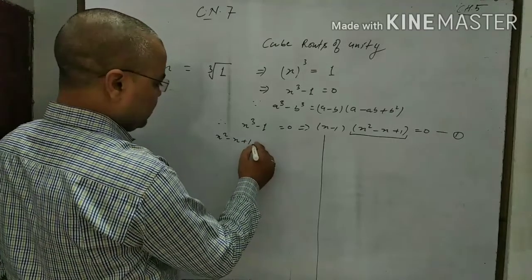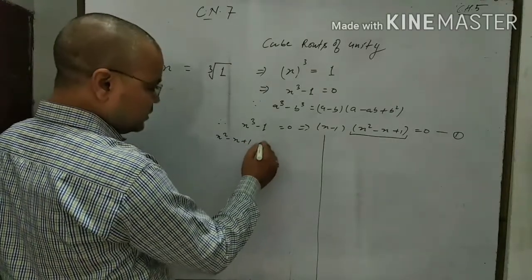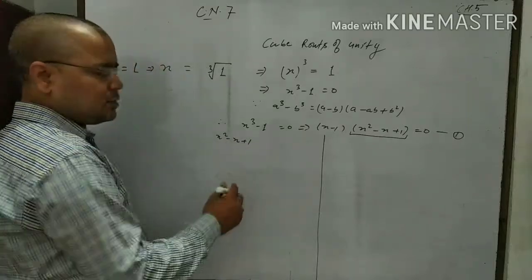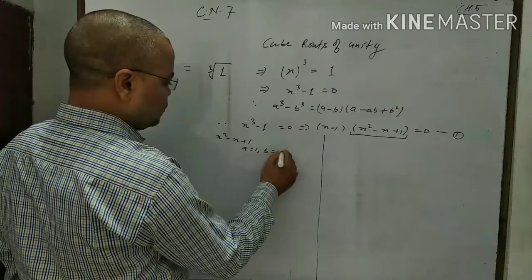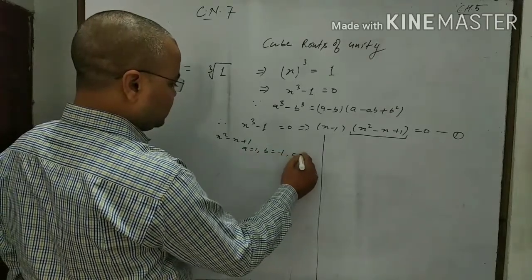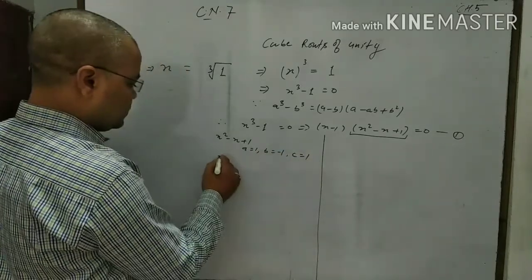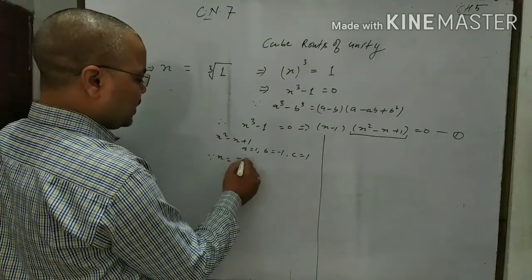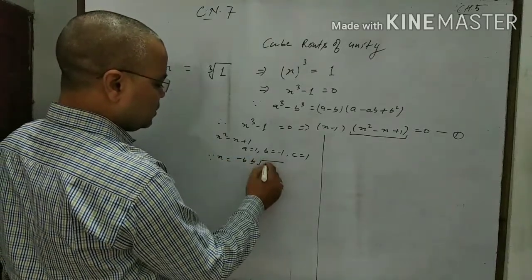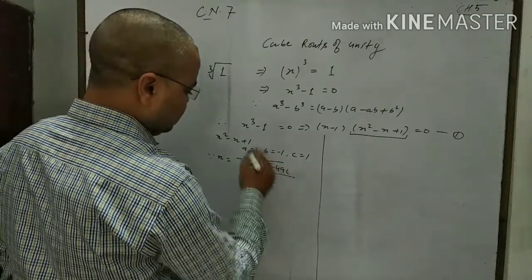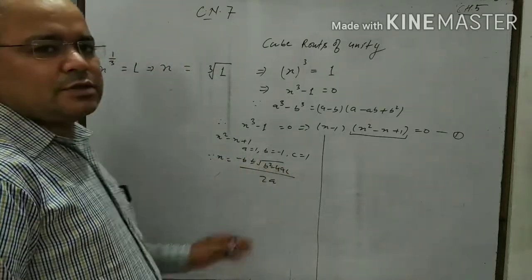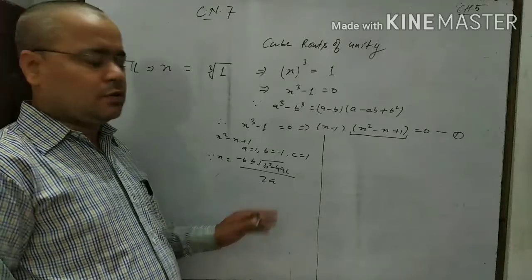Here this is in the form of ax square plus bx plus c. Then a is equal to what? a is equal to 1, b is equal to 1, and c is equal to 1. Then x is equal to, we know, minus b plus minus under root b square minus 4ac by 2a, using this formula. This is called Sridharacharya method or quadratic formula.